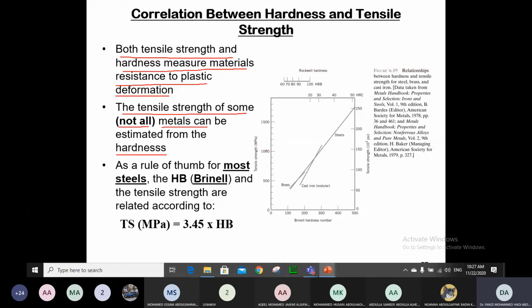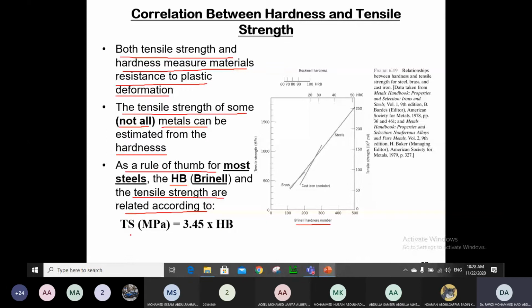When they plot the tensile strength of the material, they see that there is a straight line relationship, as I'm showing there. That is for the steel. So the Brinell hardness number is drawn against the tensile strength. Therefore, we end up with a linear relationship, since the line passes through the zero. As a rule of thumb, for most steels, the Brinell hardness number and the tensile strength are related according to this equation.